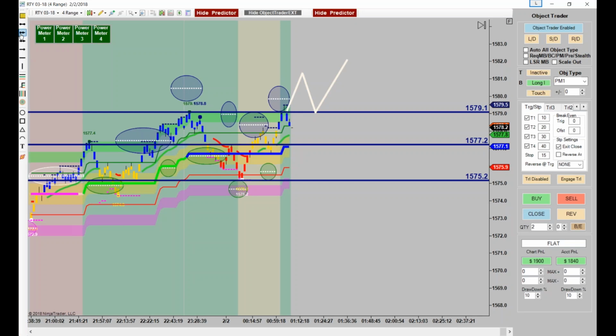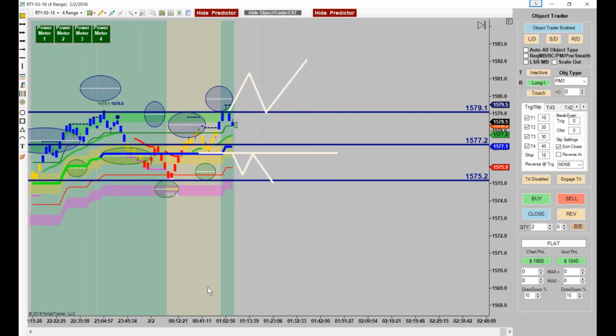Otherwise, a gutsy trade is right here if it breaks. That's your lightning swing, and you'd be looking for this. And let's see which one it does. Everybody see that? Looking at lightning always.